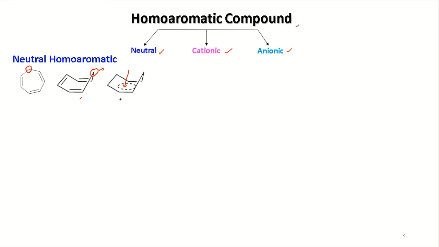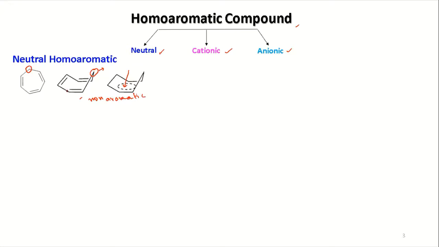So this molecule, we directly put into the non-aromatic category. Though you have an sp3 center here, overlooking this sp3 center, it has 4n plus 2 pi electrons.